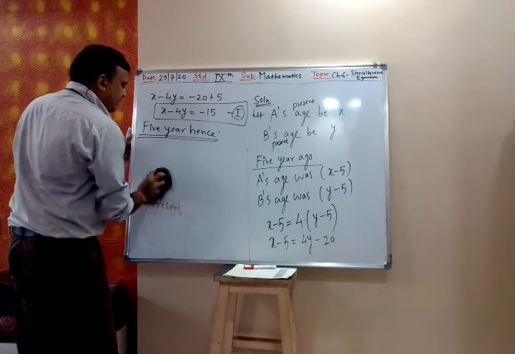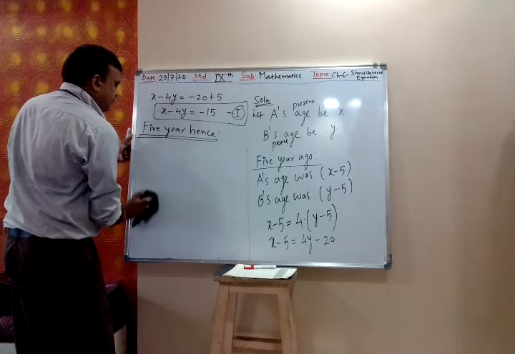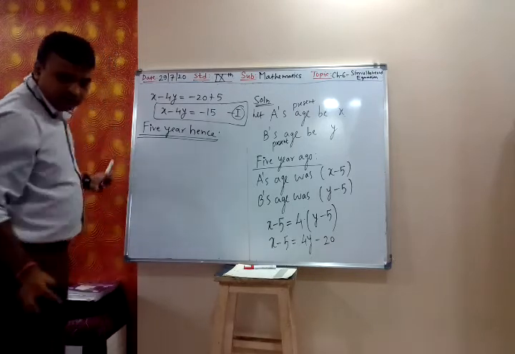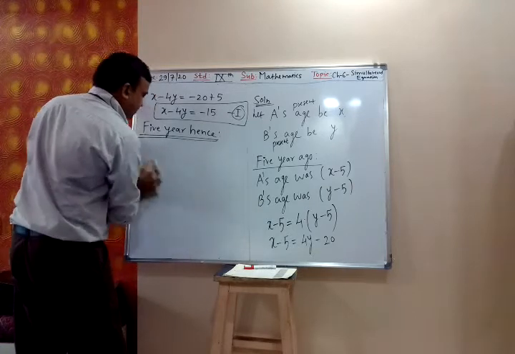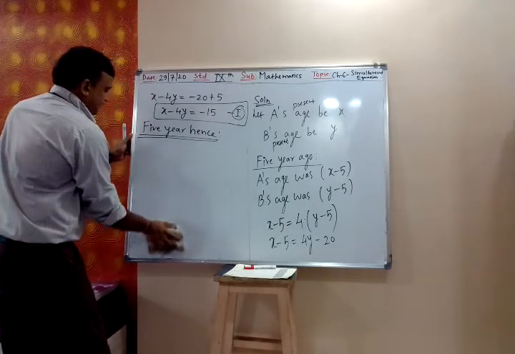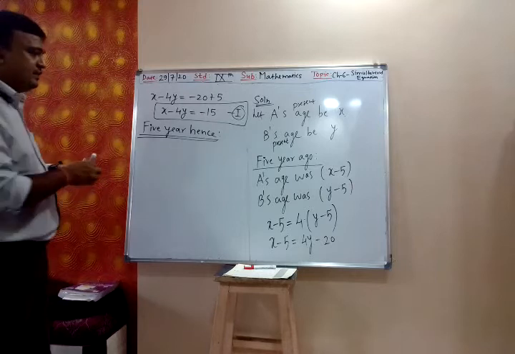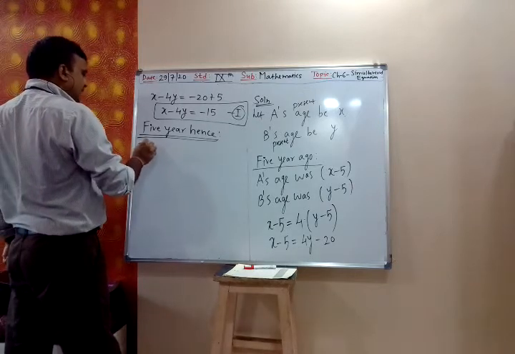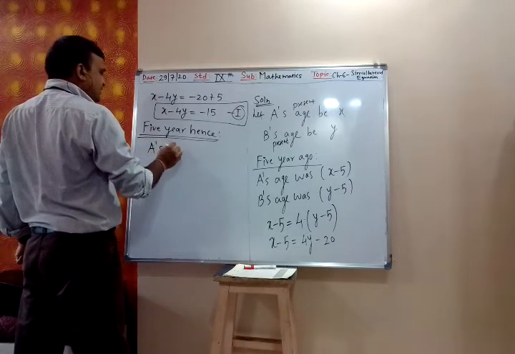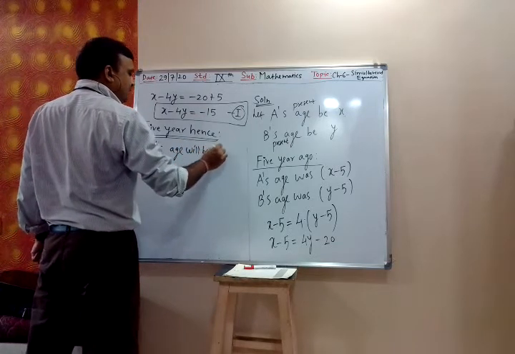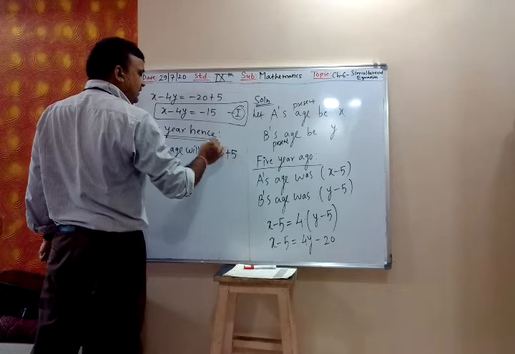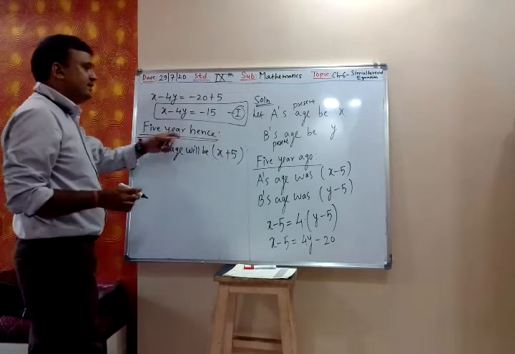For hence, after, we add to the present age. Now the present age of A is X, present age of B is Y. So now 5 year hence, A's age will be X plus 5. To the present age we add 5 because it is hence. Hence means after.